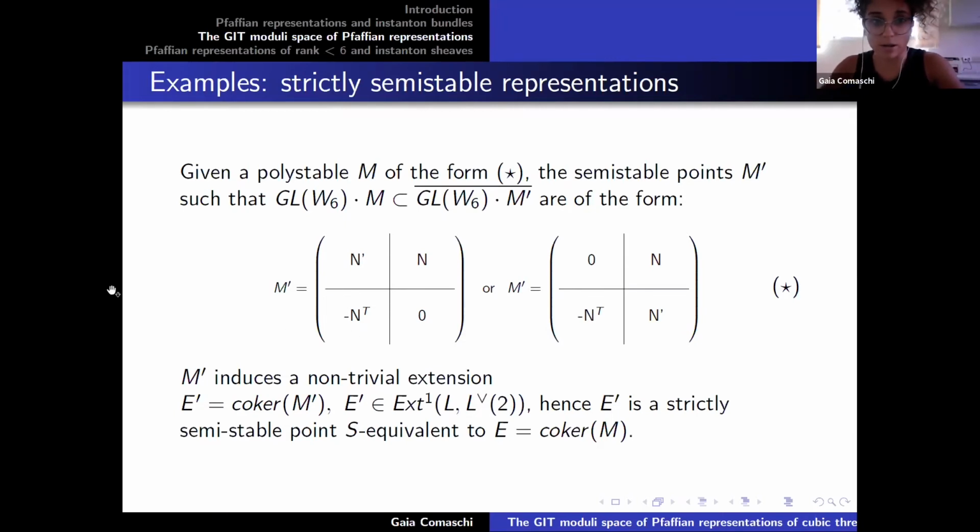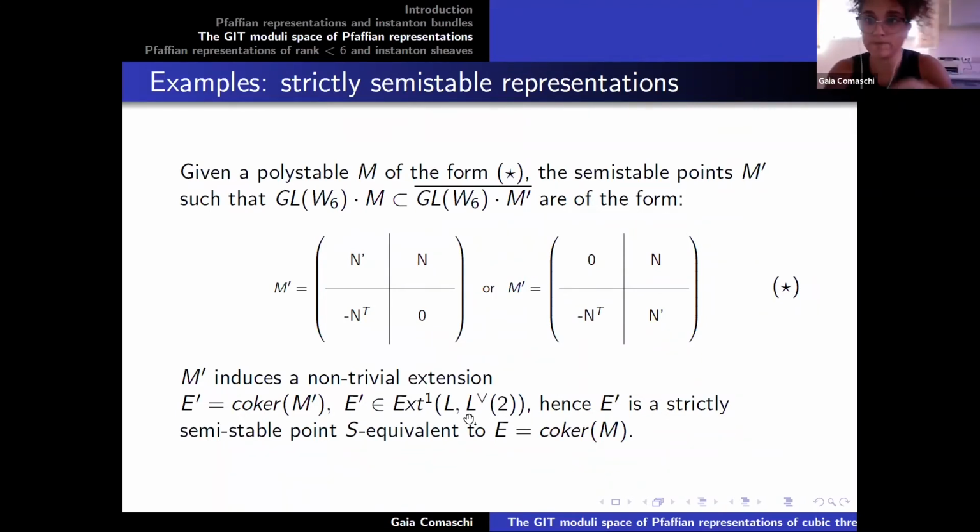The cokernel of these matrices, so the corresponding Ulrich sheaf, will be exactly a sheaf belonging to the same equivalence class of the Ulrich sheaf associated to the polystable representation, because each of these blocks that we are adding will define a non-trivial extension in this class.